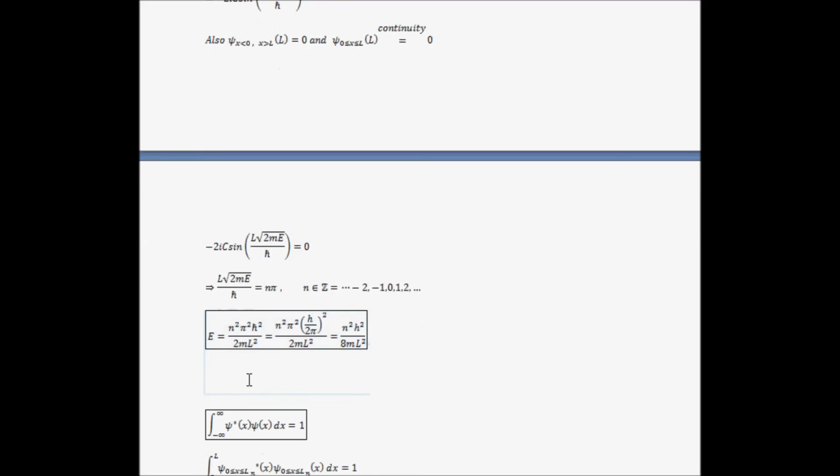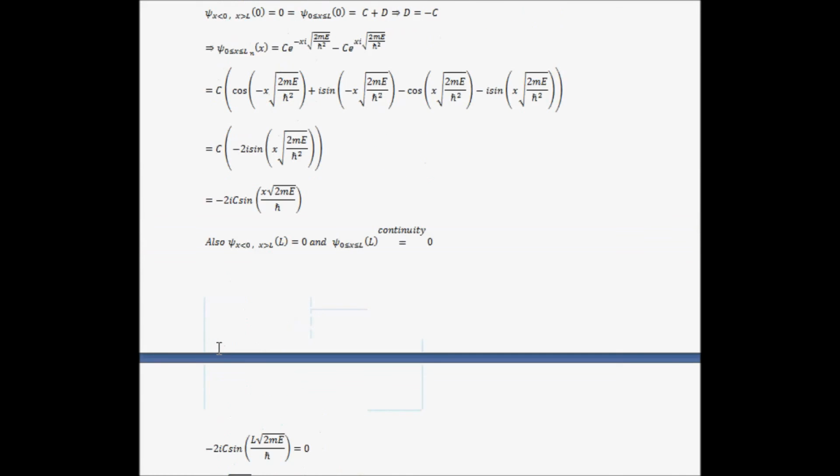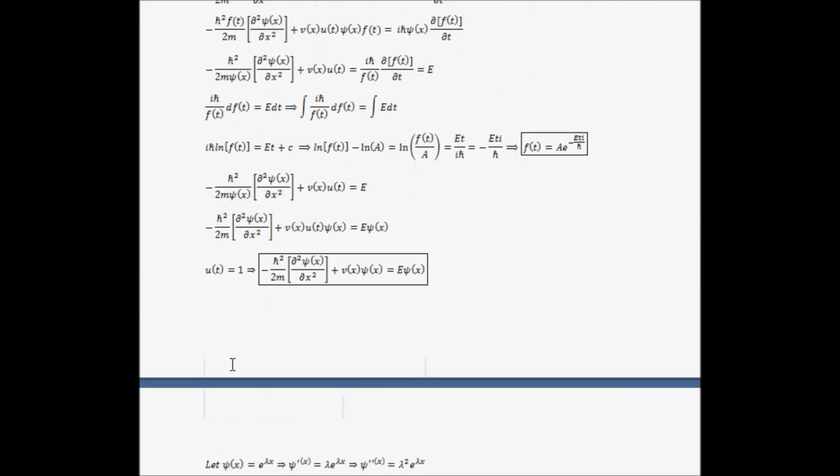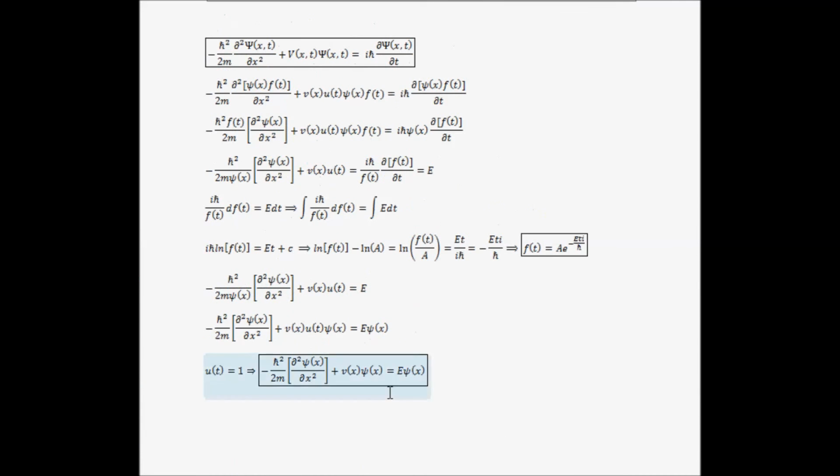It might be worth pointing out, this allows us to work out what E is, of course. E was the arbitrary constant that allowed us to change from the time dependent to the time independent wave function. The interpretation of E is the energy. Let me try and justify that. Obviously, it's got to have the same units as V, because in this physical equation, each term in the sum has got to have the same units.